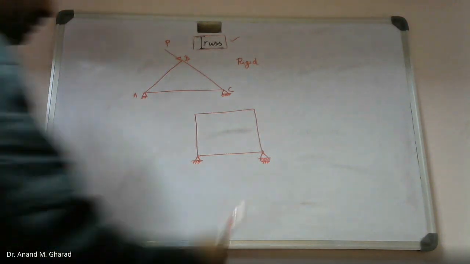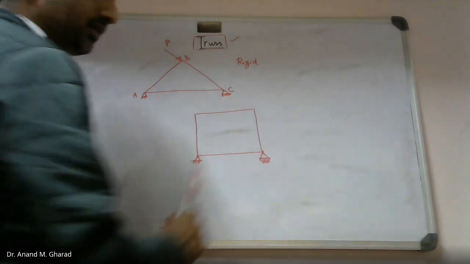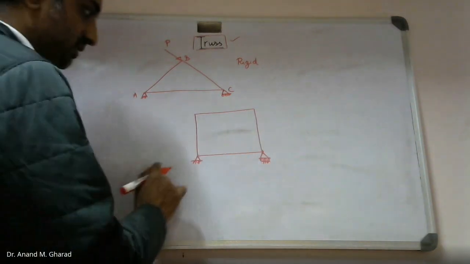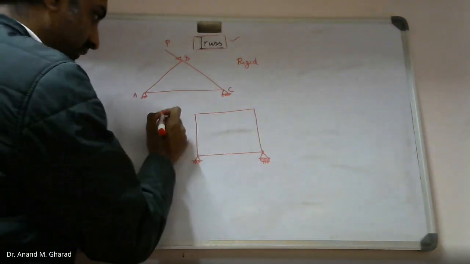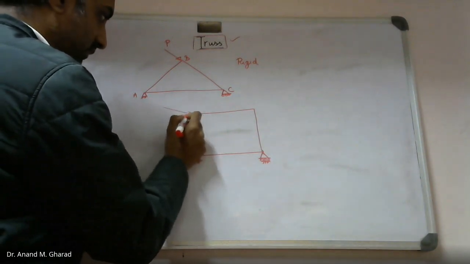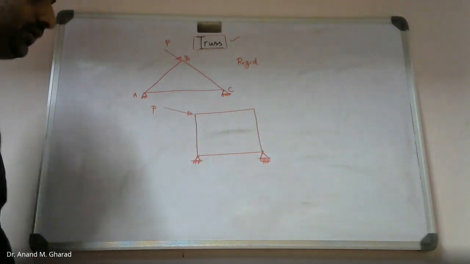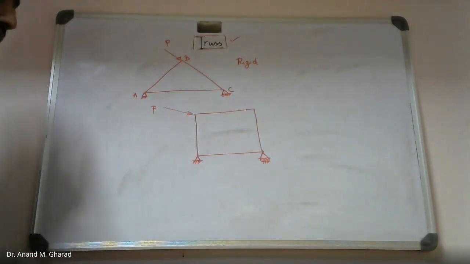I will tell you the significance of why I have considered one hinge and one roller support. But for the time being, if such a loading is provided on this structure, what do you think will happen?